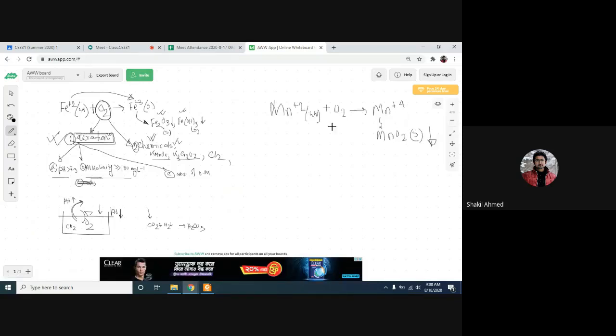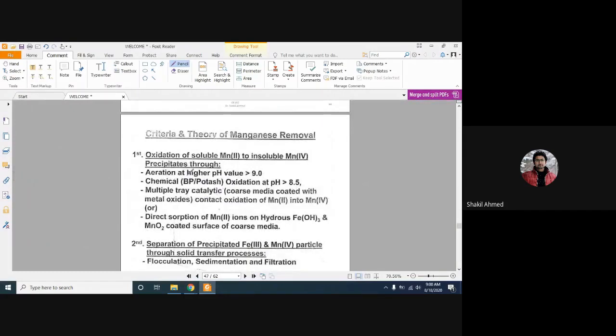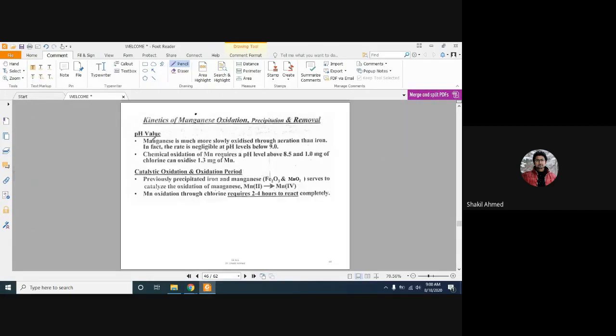Now similarly, you need aeration at a higher pH value like 9.0. Here you need a higher pH value.